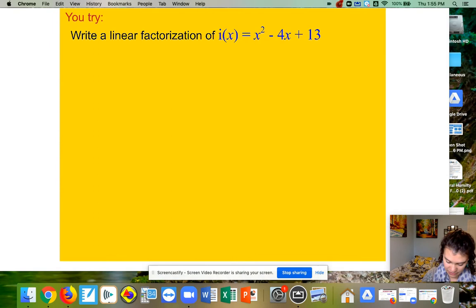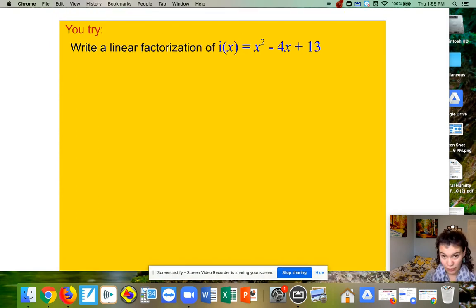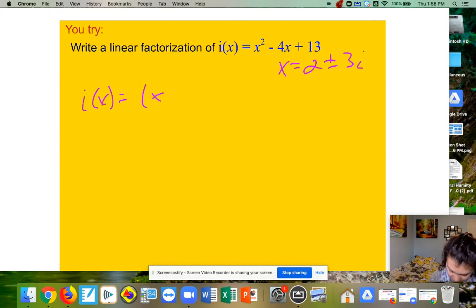Okay, now we're going to do this one. This one again is the same one we had before. So the zeros we had found were 2 plus or minus 3i. And that came again from doing the quadratic formula. So if we're going to write this one out, we have x minus 2 plus 3i, and then we have x minus 2 minus 3i.